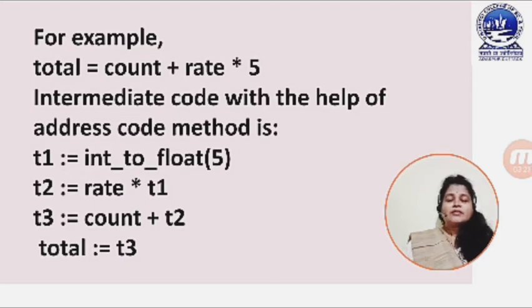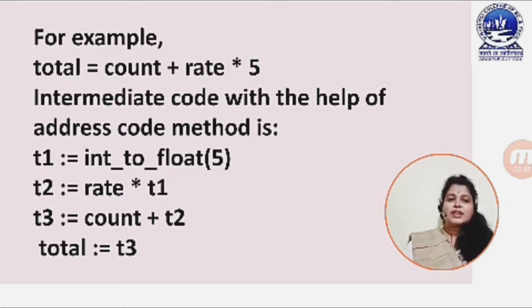For the first statement, t1 = int to float 5, it means that here we are converting 5 into float type. Then t2 = rate * t1, which means rate * 5.0, as it has already been converted into float. Then the next is t3 = count + t2.